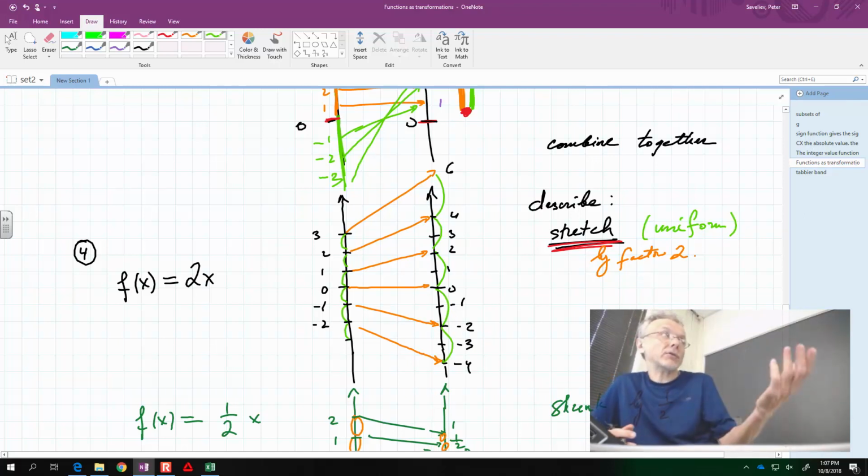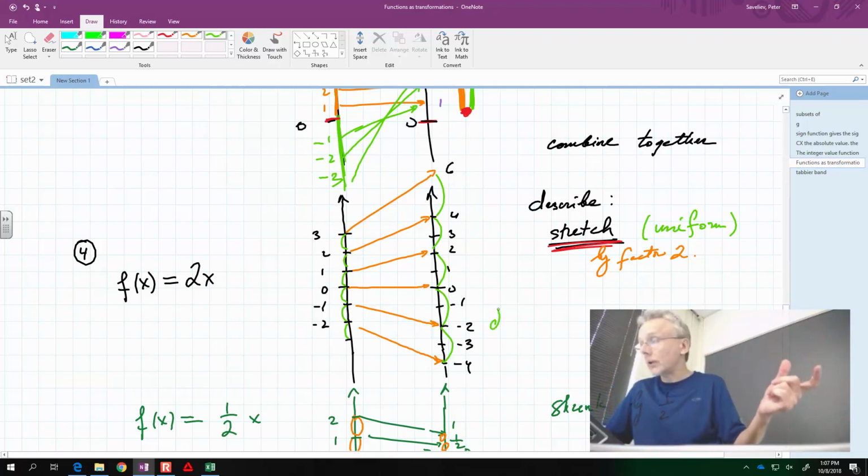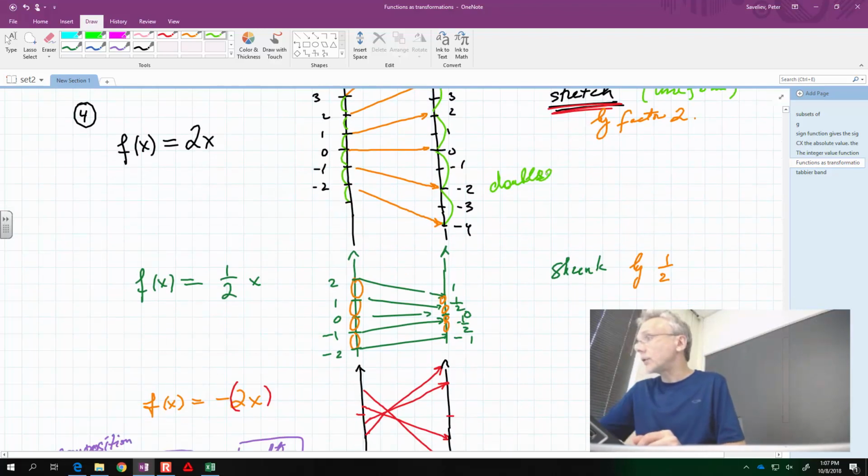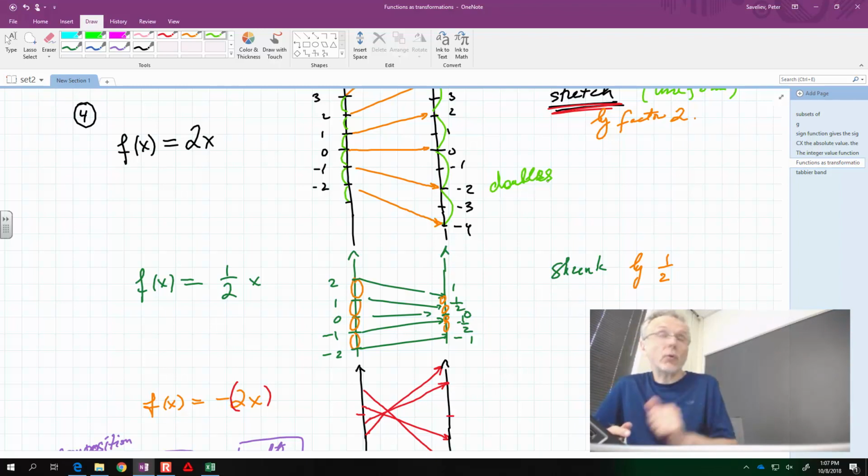So this is a stretch: for every two points, the distance between them doubles. The opposite happens when you shrink. Once again, every two points, the distance between them becomes half. So it is uniform. Uniform stretch, uniform shrinkage.